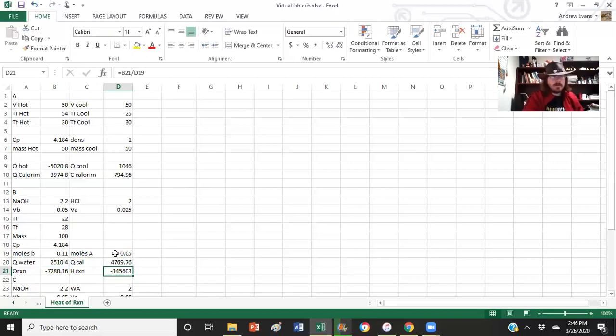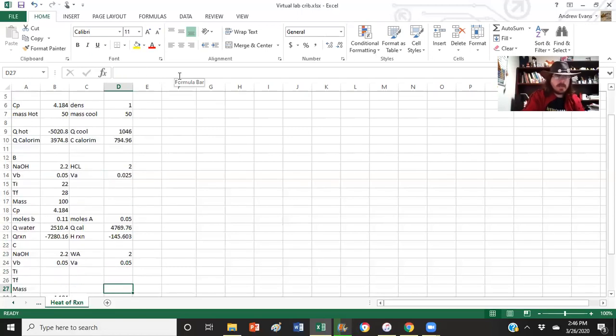And that would calculate, oh man, that's a big number, but that's because this should be in kilojoules. So divided by 1,000 would get this into kilojoules. So this is saying, in this hypothetical made-up number, I produced 145 kilojoules of heat.